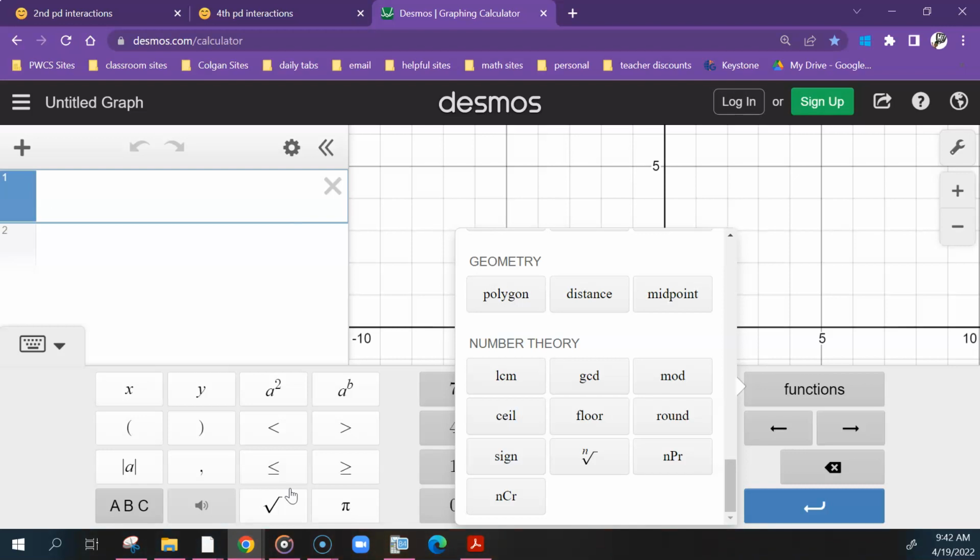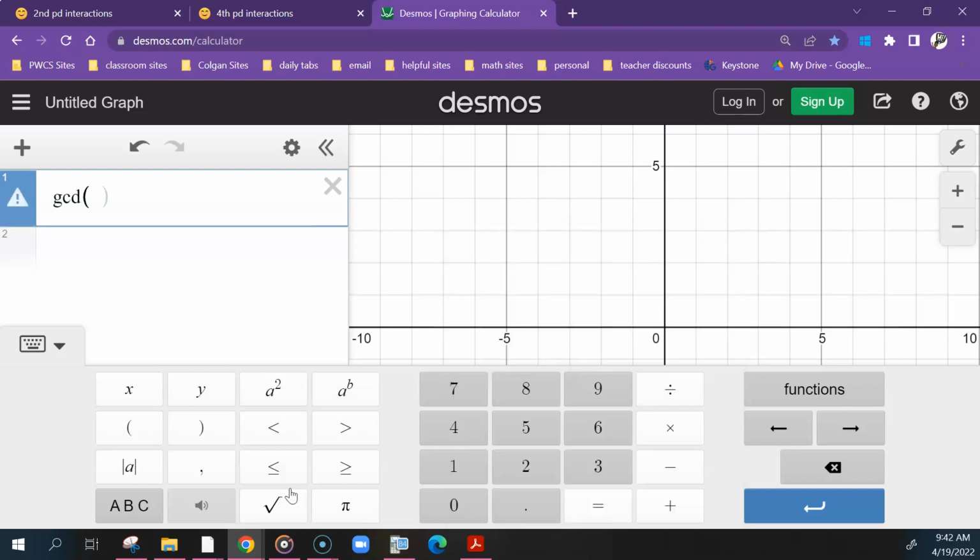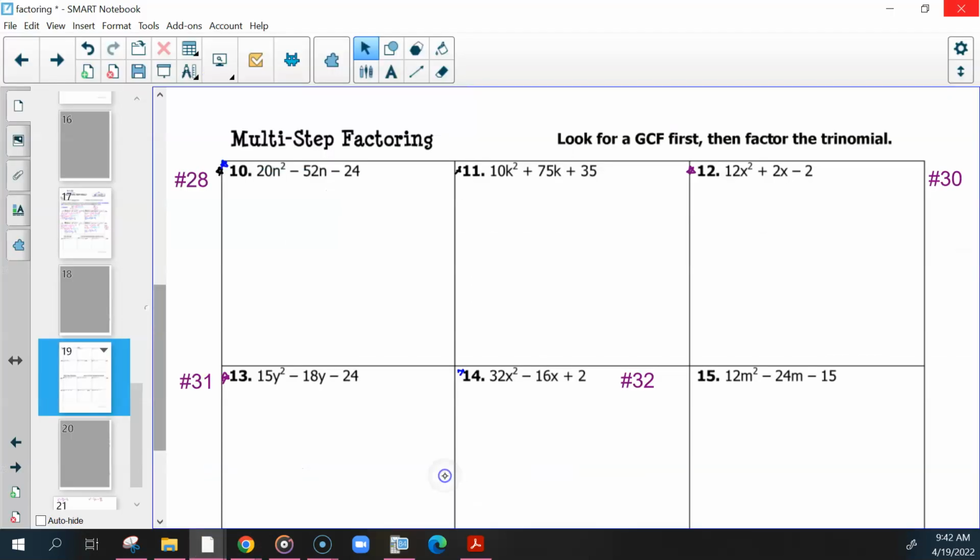Factor and divisor are the same thing. And put in all the numbers. What were the coefficients? 52 and 24. Doesn't matter if they're positive or negative unless the first one is negative, and it will tell you what that GCF, GCD is. I don't think we have any. No, you do not.